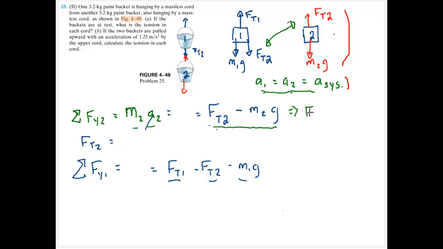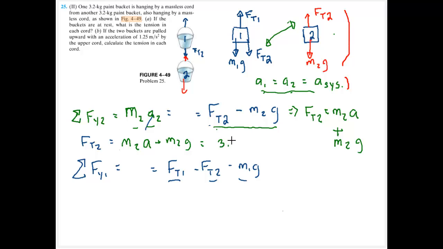So all I've got to do is solve this same problem for force of tension number 2. Force of tension number 2 is going to be equal to the mass sub 2 times the acceleration plus the mass of 2 times gravity. So I'm just going to rewrite that: m2 multiplied by the acceleration plus mass sub 2 multiplied by gravity.